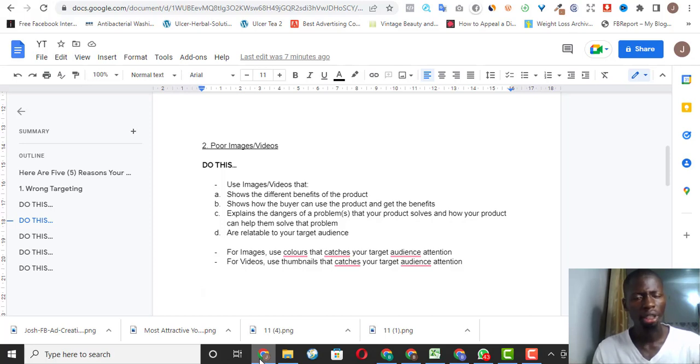All right, so basically if you are running adverts, it's advisable to get an advert that has the Nigerian factor in it. Let's say you're trying to sell a yam pounder, for instance.